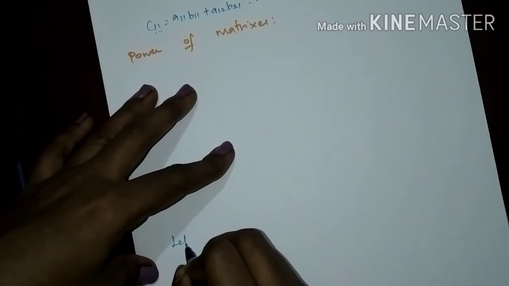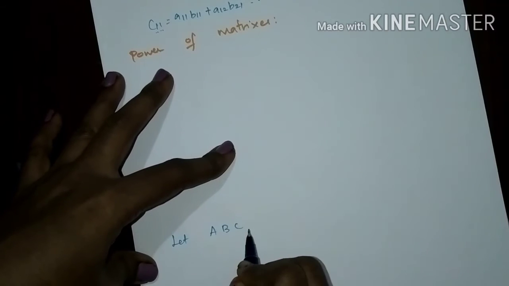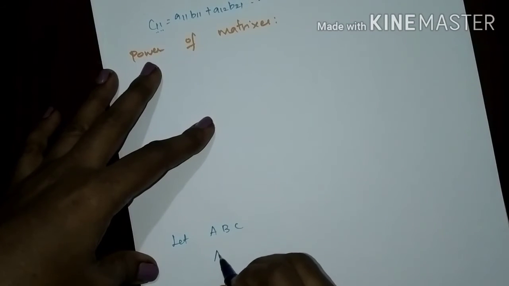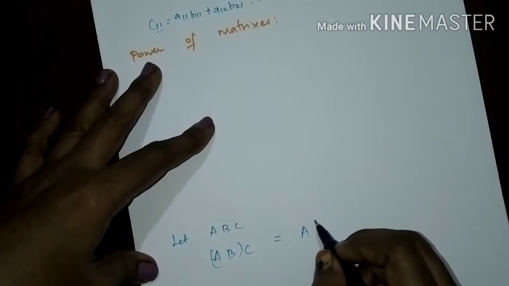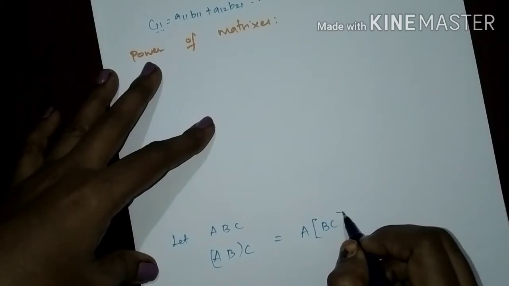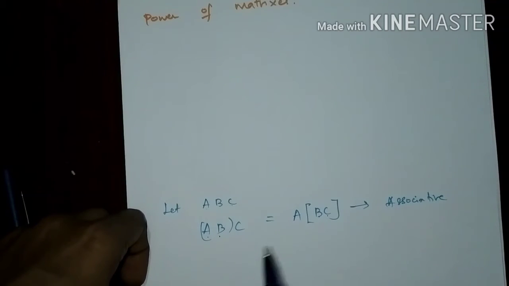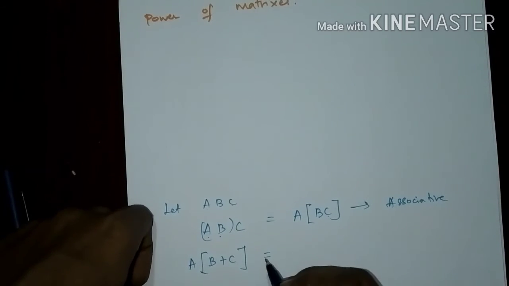Let us assume three matrices A, B, C. Multiplication of matrices is associative for three matrices. When A, B are multiplied with C, it can be given as A into BC. So the multiplication of three matrices is associative, and multiplication of matrices is also distributive.